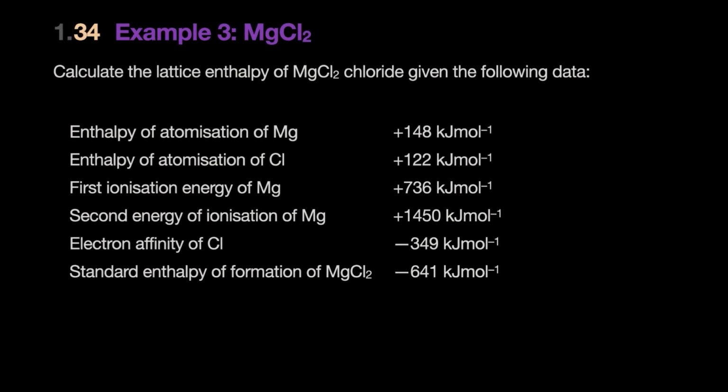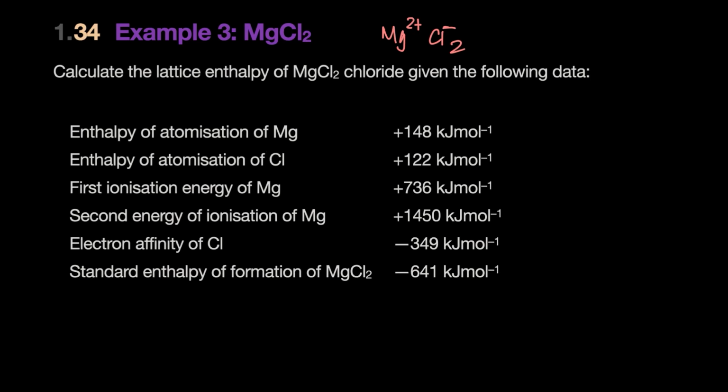Now MgCl2 is a compound where magnesium becomes a 2+ ion, while you need 2 chlorines to become 2 chloride ions. So basically the first thing you'll recognize is that you're going to have first and second ionization energies of magnesium, which are given to you here, but in exam papers they'll be given to you explicitly in the data booklet, not in the question.